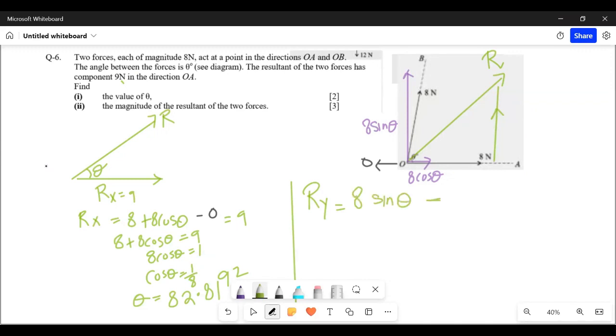And the backward, the downward y component, there's no downward component in this question, so it's just 0. That makes Ry 8 sine 82.8192. So 8 times sine answer. That is 7.93725.